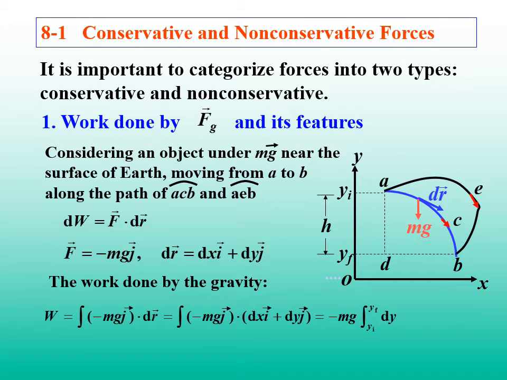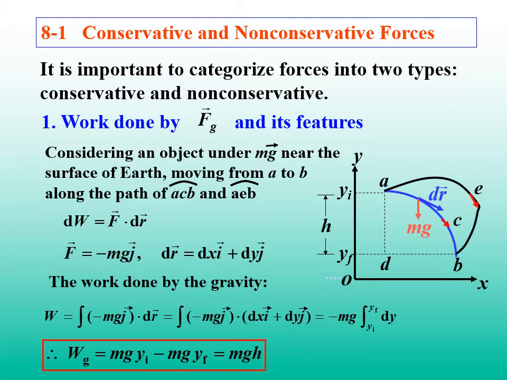So the work done by the gravitational force, W, equals the integral of (minus mg j) dot product with dr, which equals the integral of (minus mg j) dot (dx i plus dy j), which equals minus mg times the integral of dy from yi to yf.